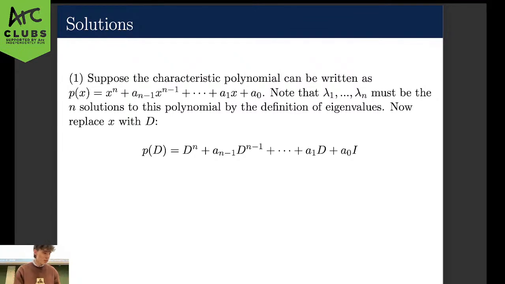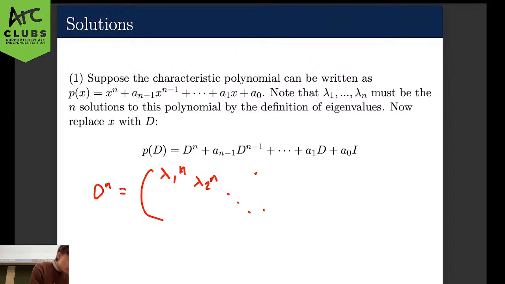So you can see that D to the power n would be equal to lambda 1 to the power n, lambda 2 to the power n, and all the way up to lambda n to the power n, where lambda are our eigenvalues.